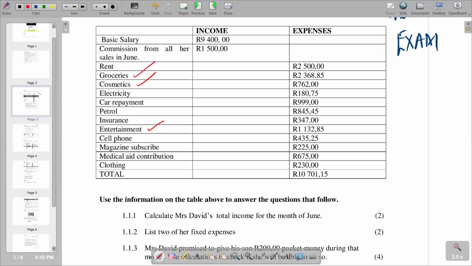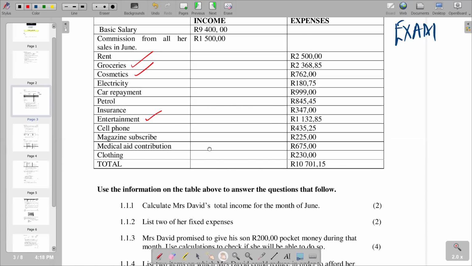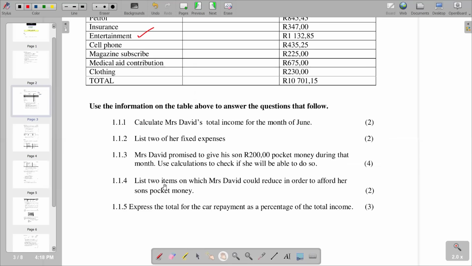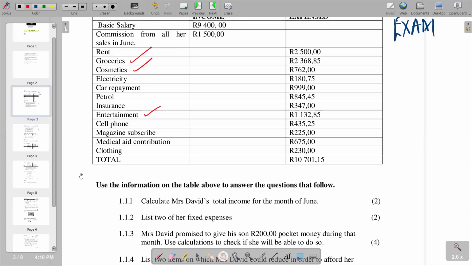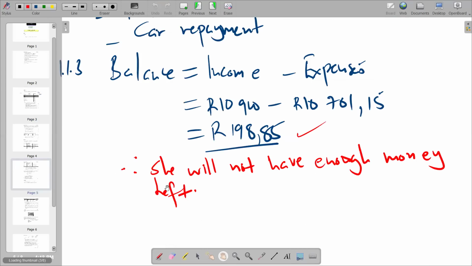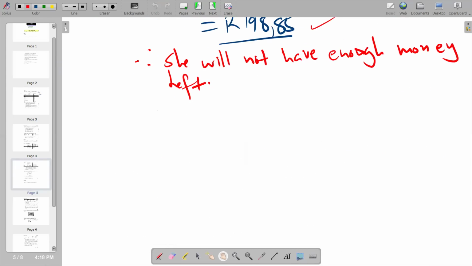Yes, we've got some part of groceries that are not going to be necessities, so we can reduce. According to our question, it says list two items. So we can pick entertainment and cosmetics as the main ones. So we're saying 1.1.4, entertainment.